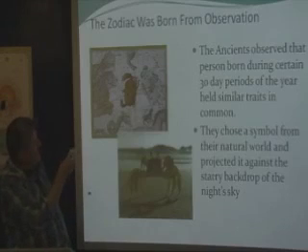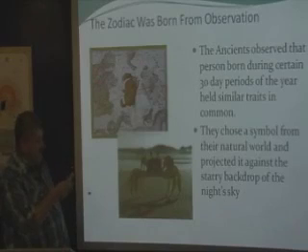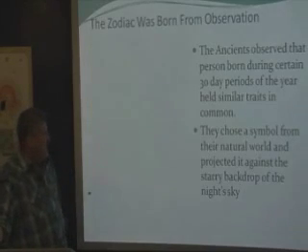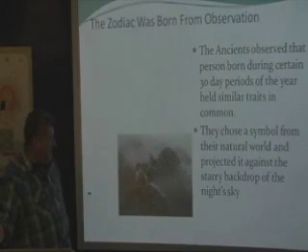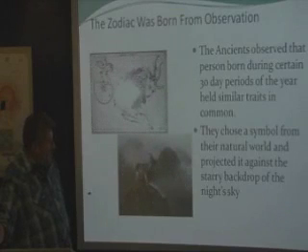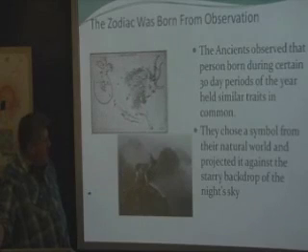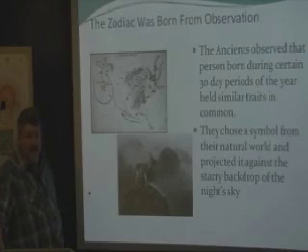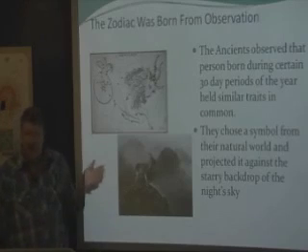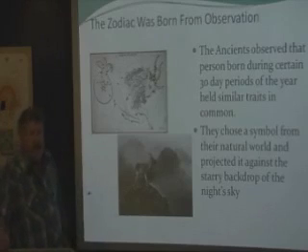So that was projected against the backdrop in the skies, against those star patterns. The same thing if we look to the winter solstice, where the sun is furthest south. We're at the top of the chart, basically, because we're looking at a southern-oriented map.